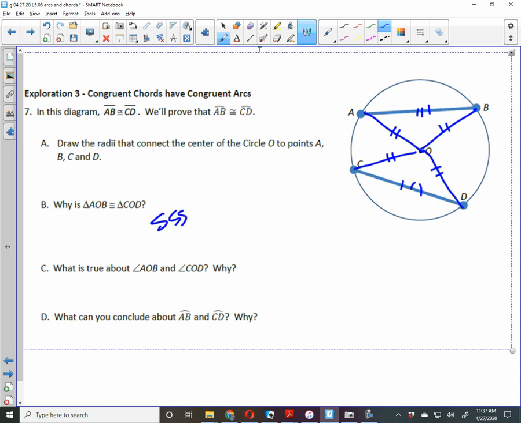Therefore, we know that these central angles are congruent by CPCTC. And because the central angles are congruent, therefore we can conclude that the arcs are congruent because central angles are congruent.